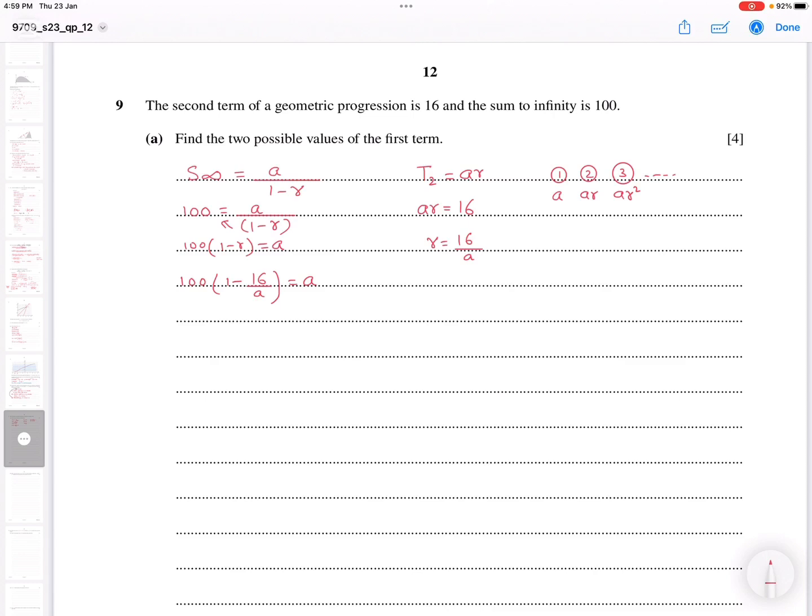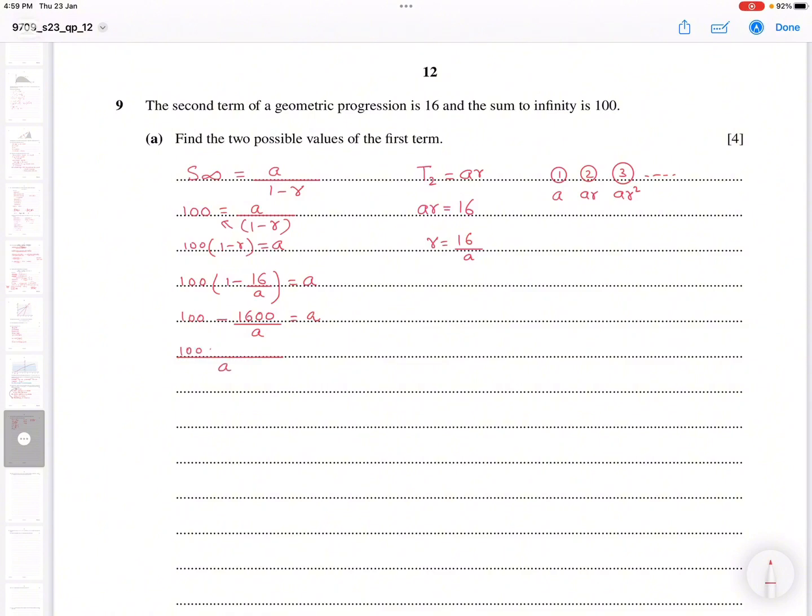Now our simplification will start from here. 100 minus 1600 over A equals A. So my LCM is A here.